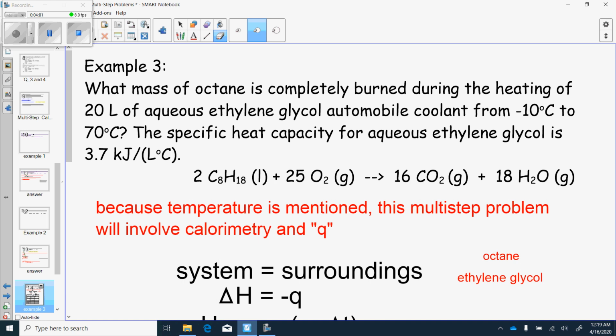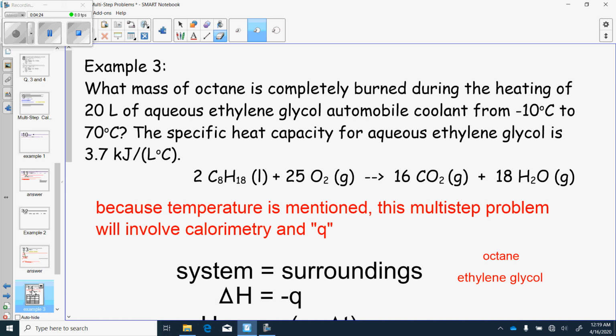The other thing I take a quick look at is the fact that they're talking about two different things. They're talking about octane, but they're also talking about this ethylene glycol. As soon as you see two different substances in a question, that should scream calorimetry. That should scream, okay, I've got a system and I've got surroundings here. Most 95% of the time, our surrounding is water.